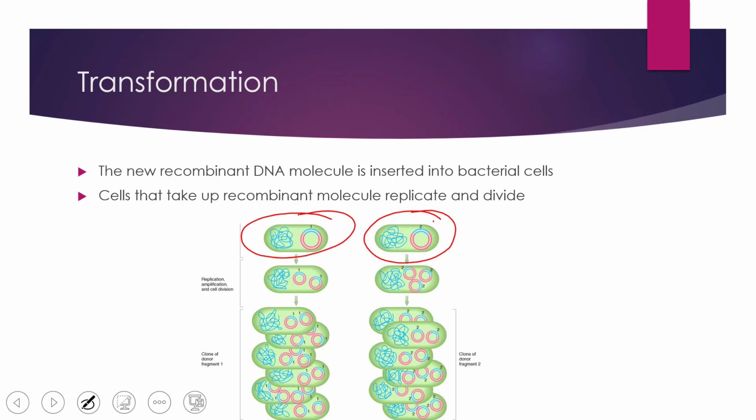And then through a process of replication, amplification, and cell division inside this bacterial cell, that recombinant DNA starts to duplicate and divide inside of the cell, and then eventually those cells themselves replicate and divide, and duplicate even more. Eventually, this is how we end up with entire clones and things like that, entire actual organisms with the same DNA, because of the process of transformation.